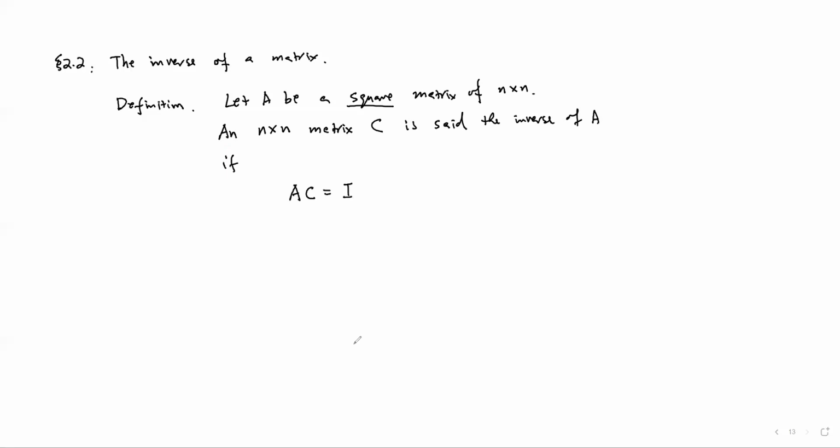In matrix operations, the identity matrix plays the role of the number 1 in real number operations.